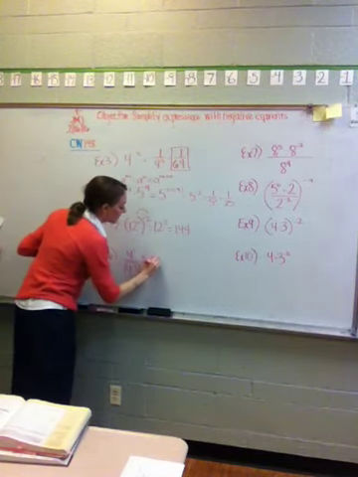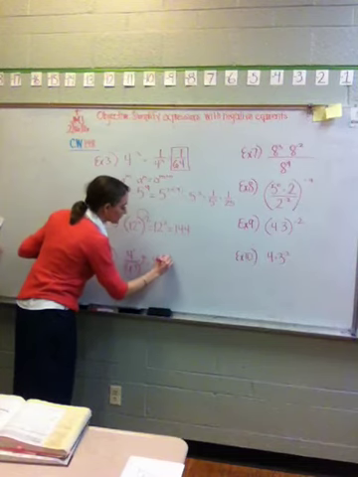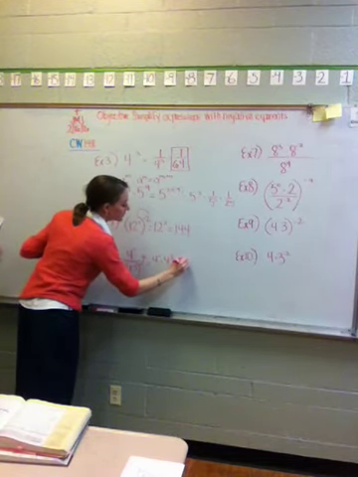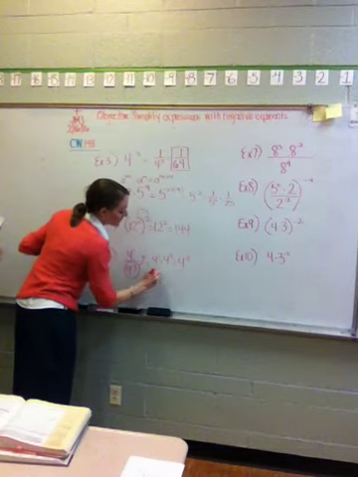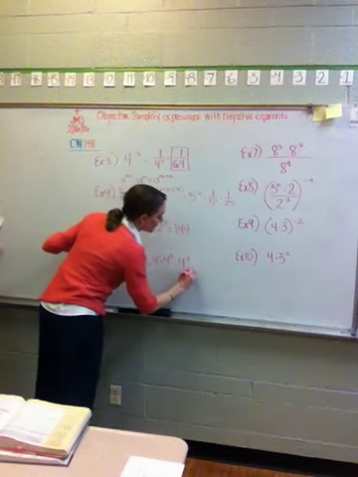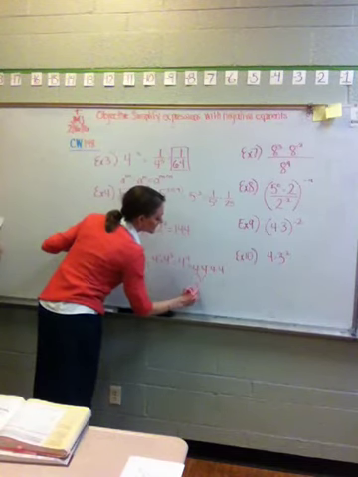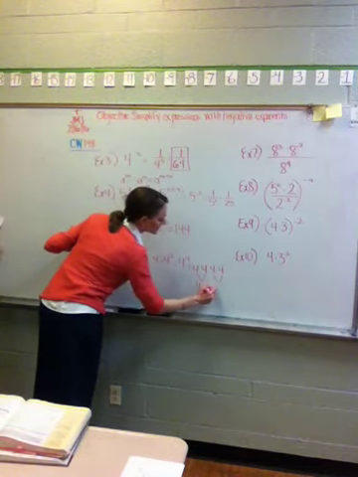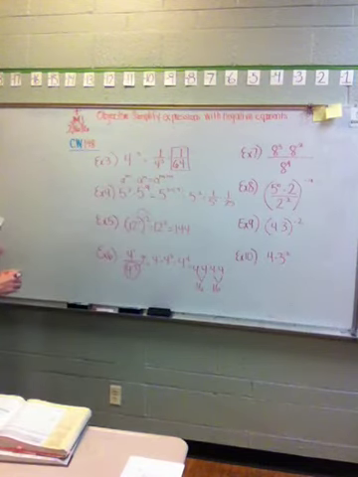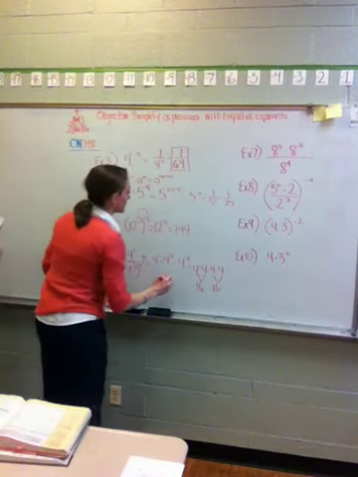So I'm going to have 4 to the 1 times 4 to the positive 3, which is the same as 4 to the 4th, which I'm going to write in expanded notation for you. 4 times 4 times 4 times 4. So this is 16 times 16, which I think is 256. Yeah, which is 256.